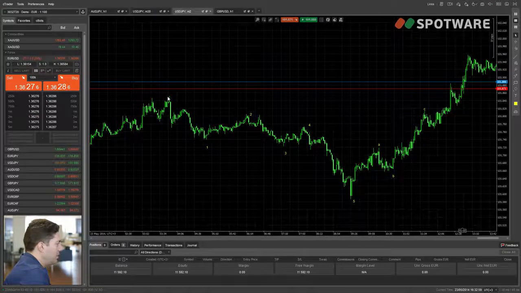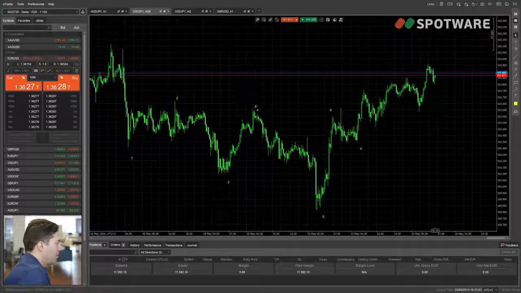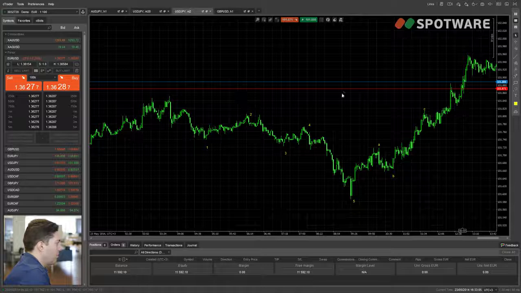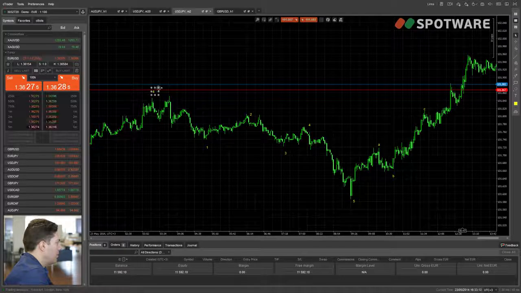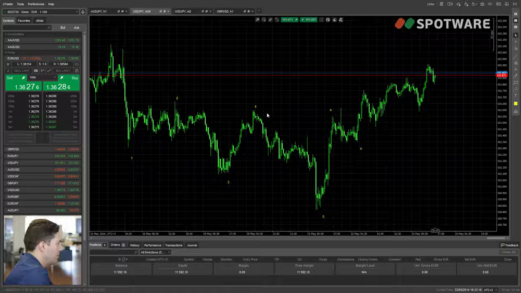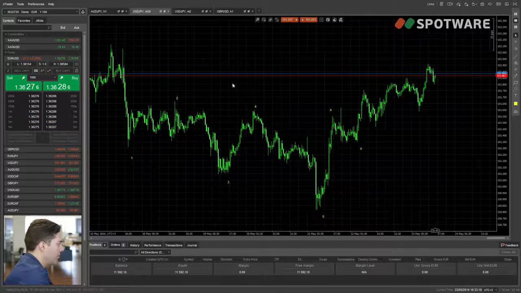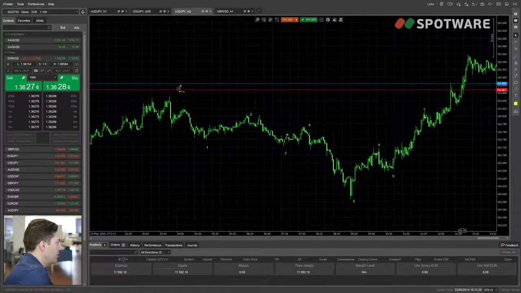And as we can see, this is the big wave 4, so let me mark it for you. You see this 4 here. This 4 is the end of this wave. So this is where wave 4 ends.